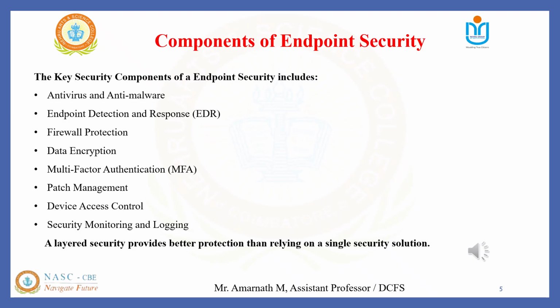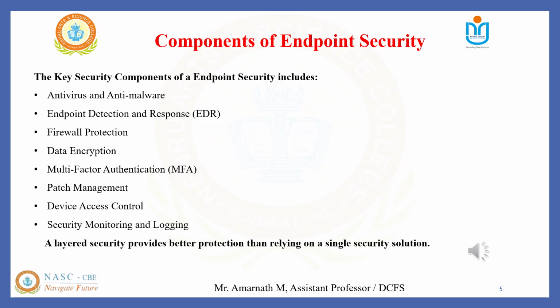These applications will be continuously scanning the files, applications, and processes to detect any kind of malicious software inside a device before it can damage the system. The modern antivirus software will not only identify the known malware, but it will also be using the behavior analysis method to detect previously unknown threats.